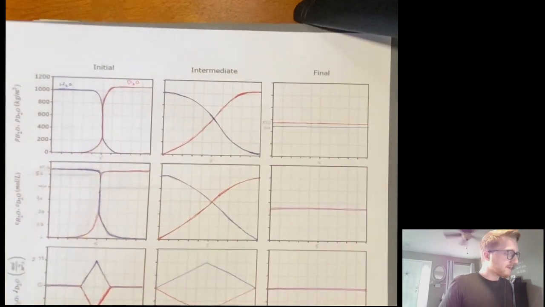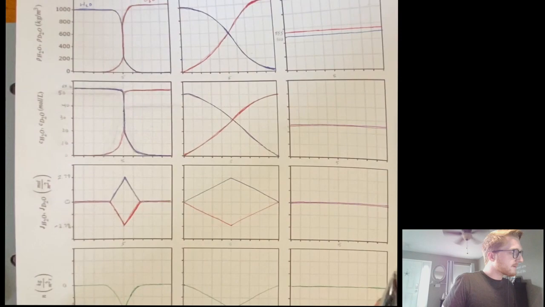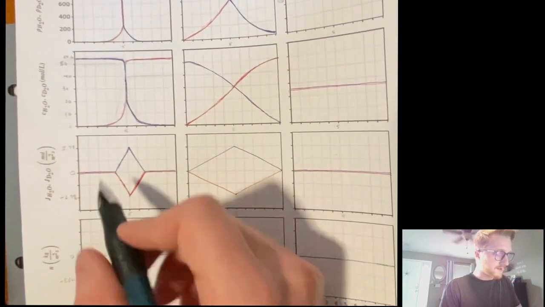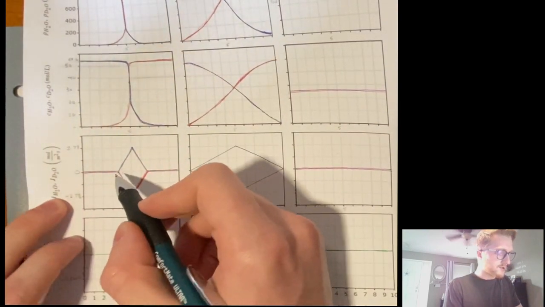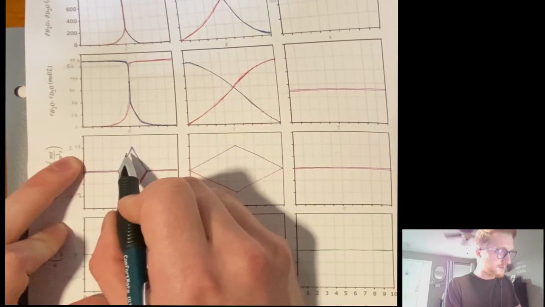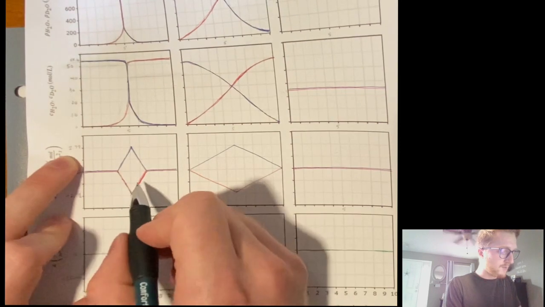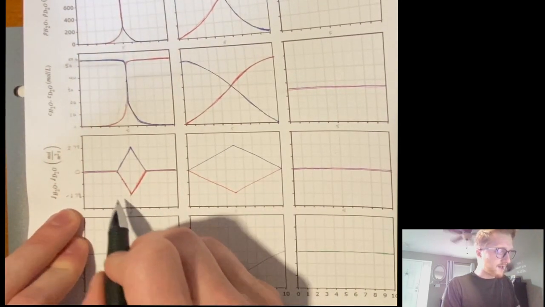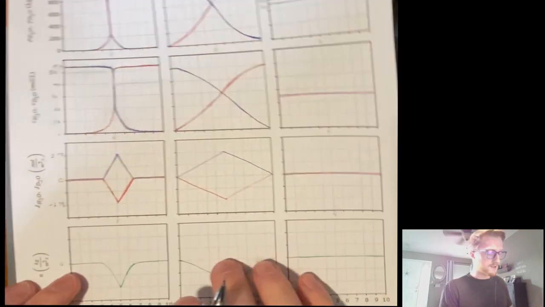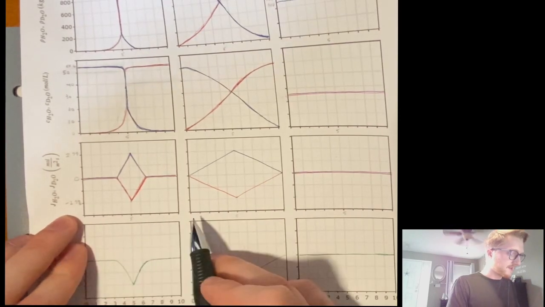Then we have the molar diffusion flux. Sorry, I don't know if you can see this. There we go. The molar diffusion flux is going to have a very steep change once the divider is removed, and we know that the max diffusion flux in this case is 2.78 moles per meter squared second, and equal and opposite for the deuterium, so negative 2.78 moles per meter squared second.